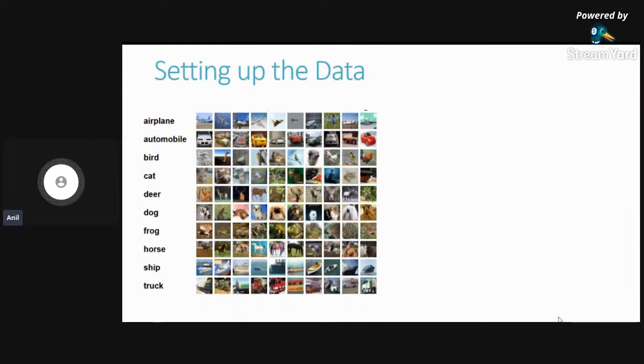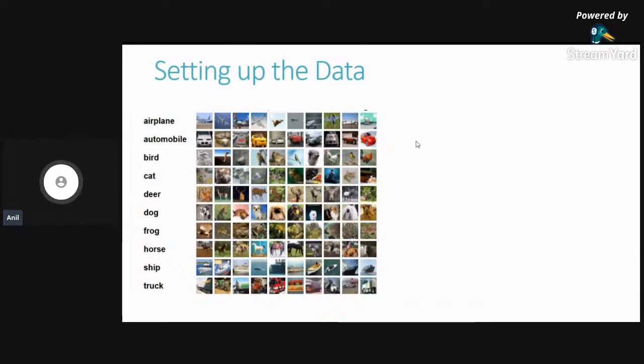Let's say we have a few categories, such as airplane, automobile, bird, cat, deer, and so on. For each category we need to have some data. Data could be an image. This is the CIFAR-10 data set where there are 10 categories, and for each category there are images associated with it. For example, for airplane, there are various kinds of images. For automobile, there are various kinds of images.